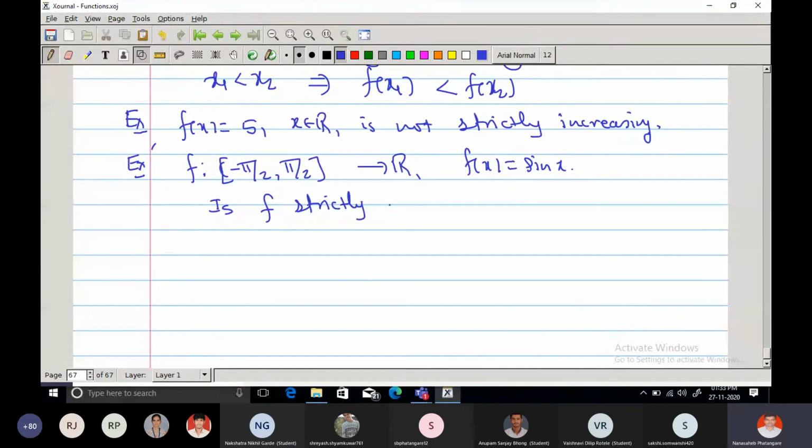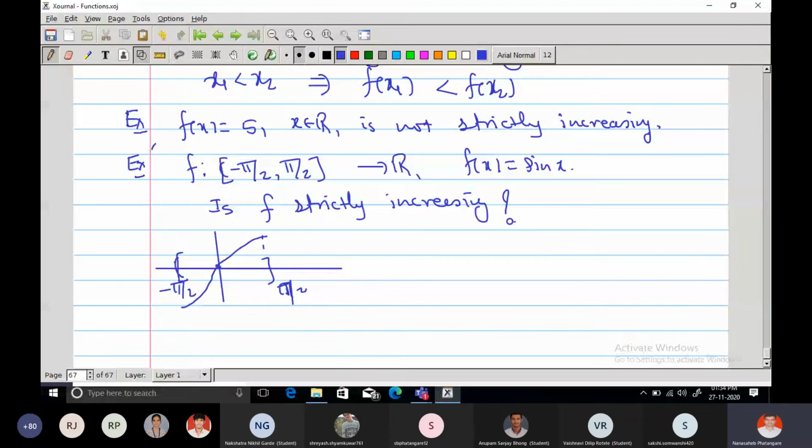Yes, because we just restrict the domain to minus pi by 2 to pi by 2, and in that region the graph is like this. We are not worried about the points outside this interval, only inside it. Therefore, in this range, it is strictly increasing, no doubt.